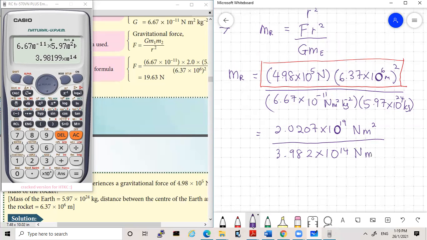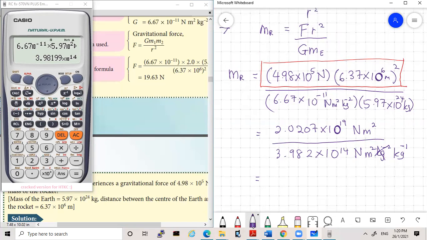So N m square, and kg minus 2, and then this one is kg, and minus 2 plus 1 is minus 1, so it will become kg minus 1.